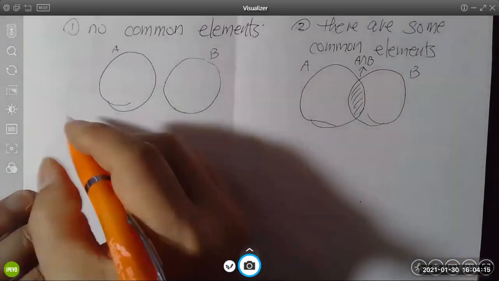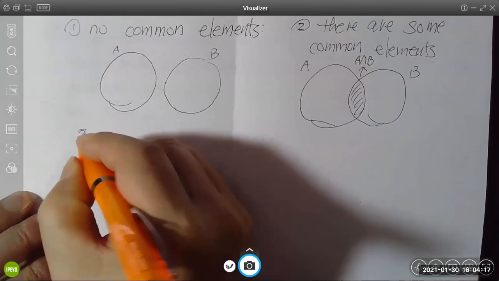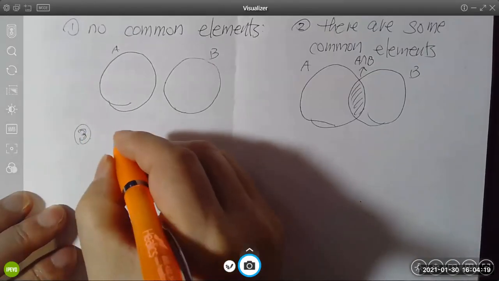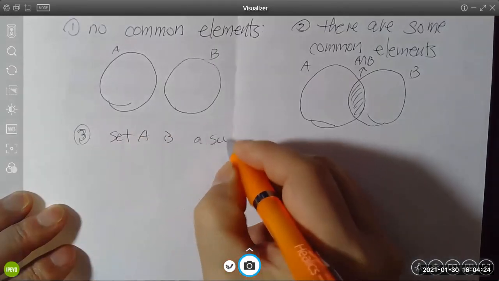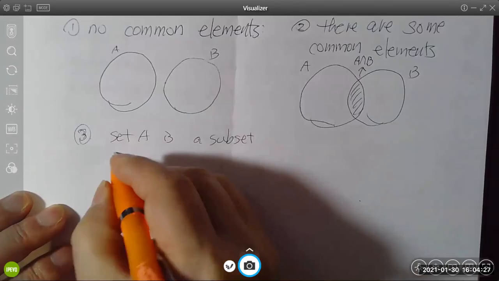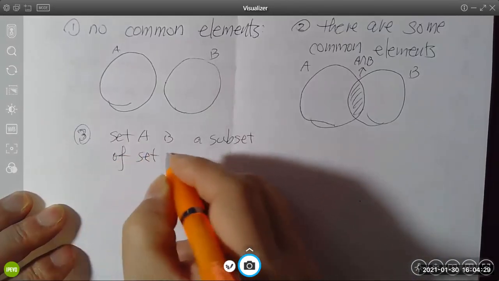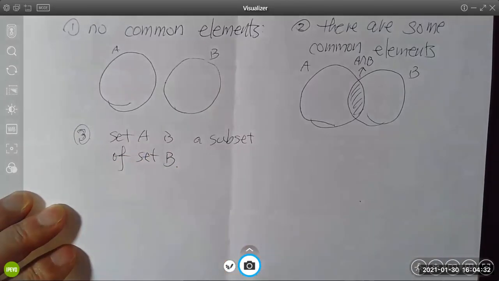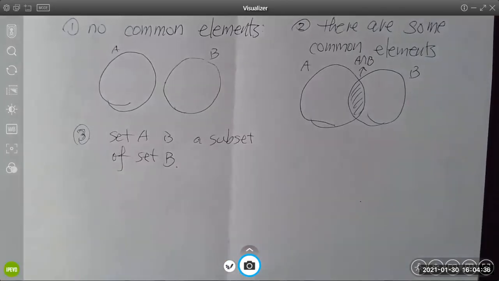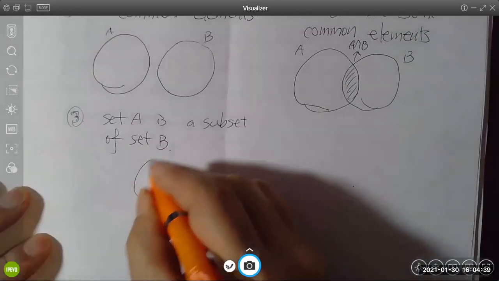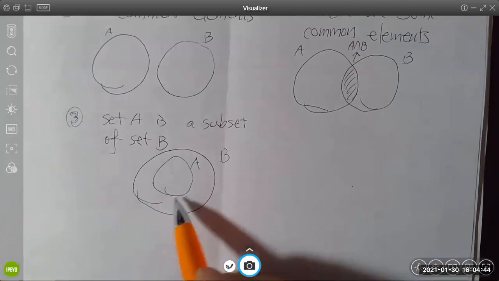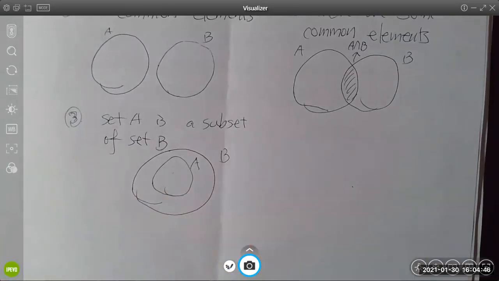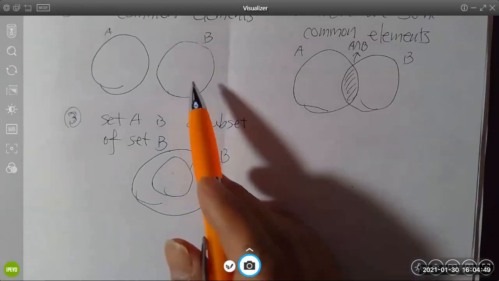Or you could have a third scenario. Set A is a subset of set B. That means everything in A is also in B. Let's say this is B, and this is A. So everything in A is automatically in B. So A is a subset of set B. That's the three possible scenarios.